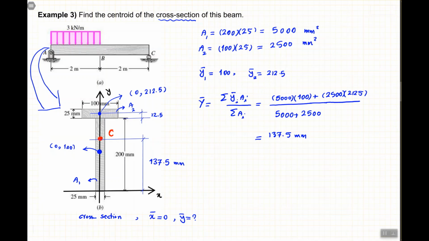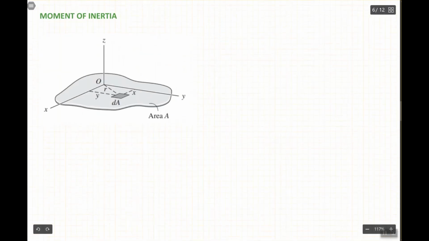All right. So that's all we need to know about the centroid of an area. Now let's move to the next topic, which is moment of inertia.